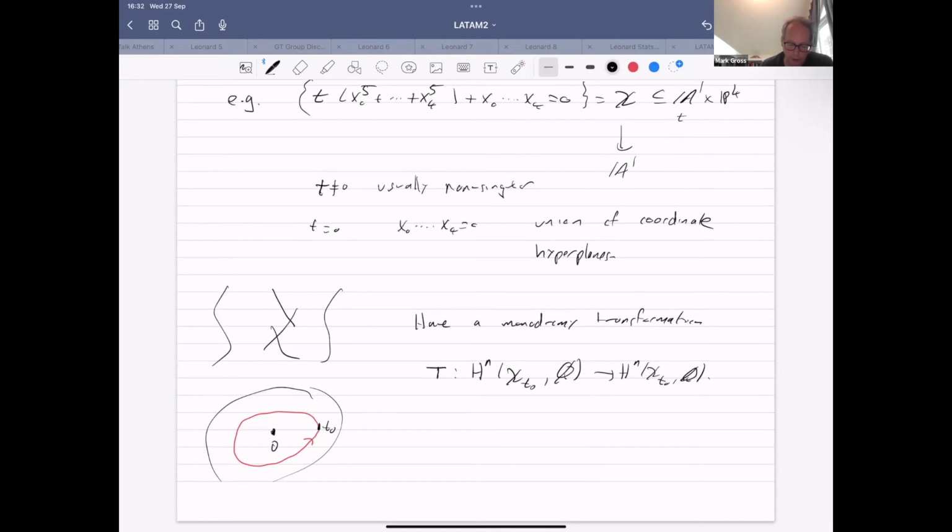And so the general theorem is that T is quasi-unipotent. What does that mean? It means, i.e., (T^A minus I)^B is equal to 0 for some positive integers A and B.